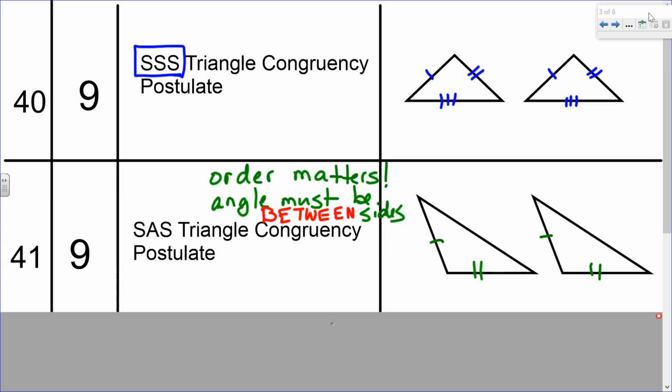The angle that you know is congruent cannot be out here, because that would not be between these two sides. The angle that you have must be in between. It must be the angle that, if you only drew your known congruent sides, they would draw the angle that you're talking about. And then we abbreviate that SAS in our proofs.